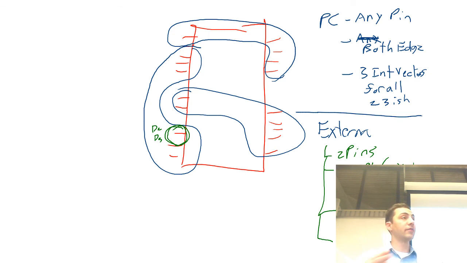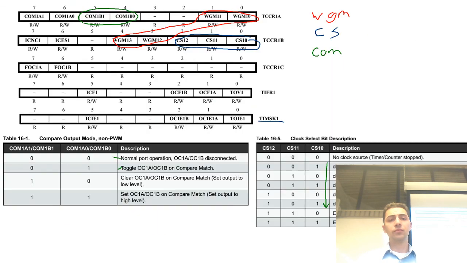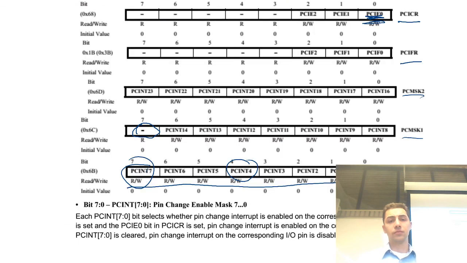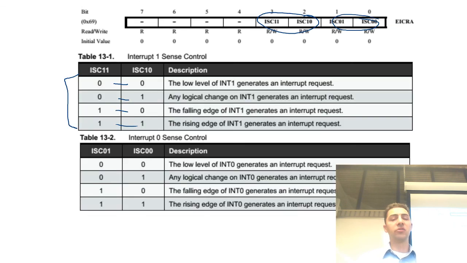Okay, takes a little bit of extra configuration with the interrupt sense control bits, ISC bits. I think interrupt sense control bits. That sounds about right. Interrupt sense control bits, yeah.